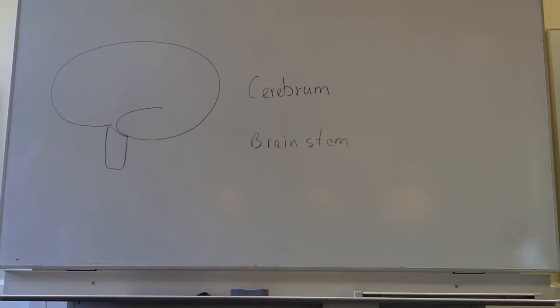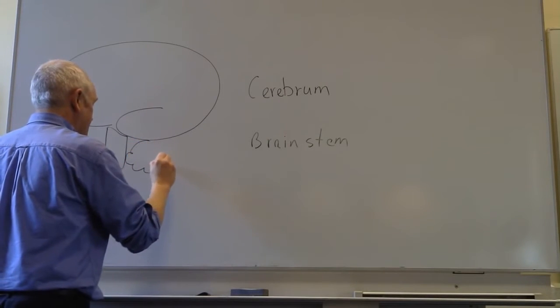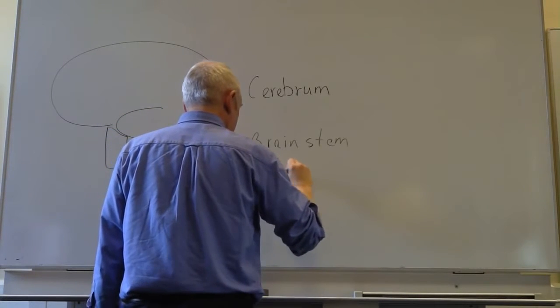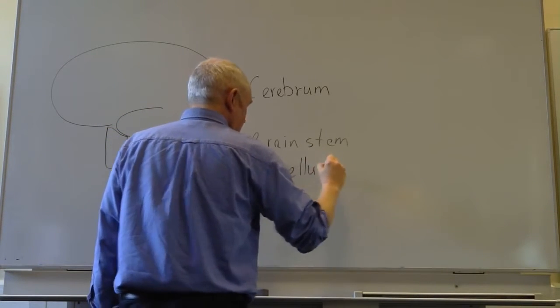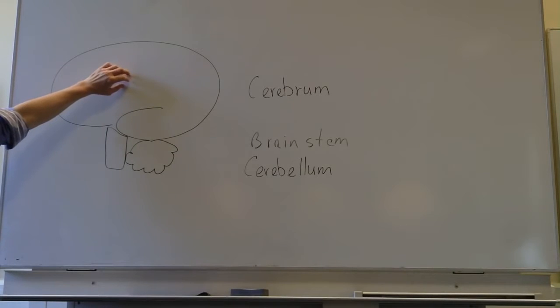And then there's a bit at the back that's shaped like a cauliflower, which is the cerebellum. So looking at the brain from the side, they're the three main parts. Cerebrum is the largest part on top.